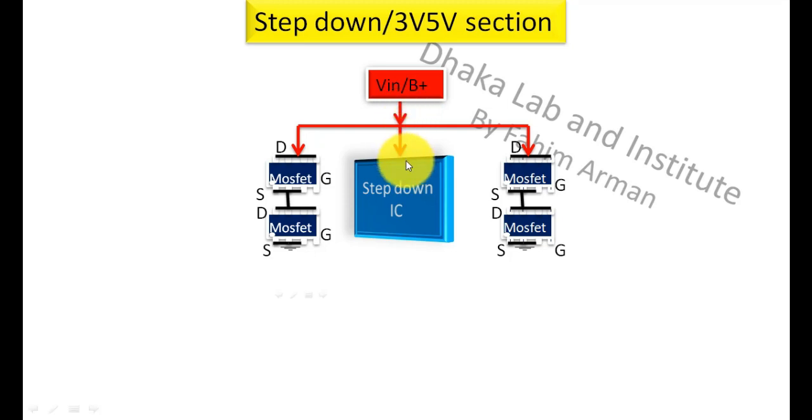After getting the other voltages, this step down IC will provide switching to these MOSFETs, and when the step down IC makes these MOSFETs turn on, there will be a high low signal, and the step down IC will also provide phase.